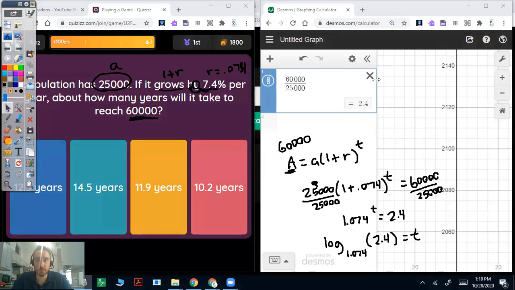So let's get that done. That's going to be log shift minus 1.074, right arrow, 2.4. And it looks like your answer is 12.26.